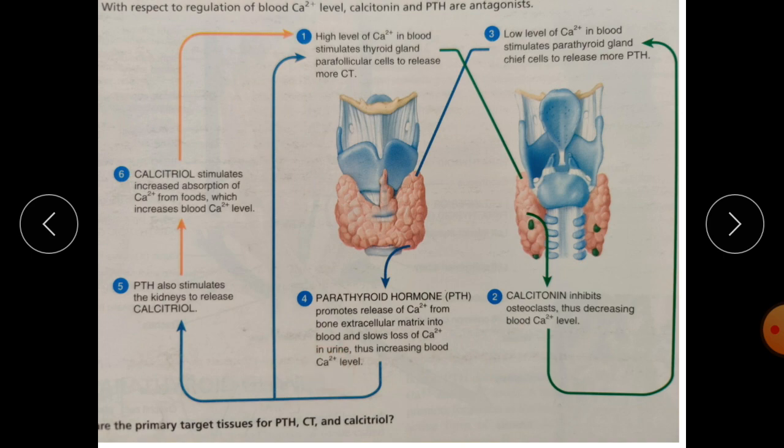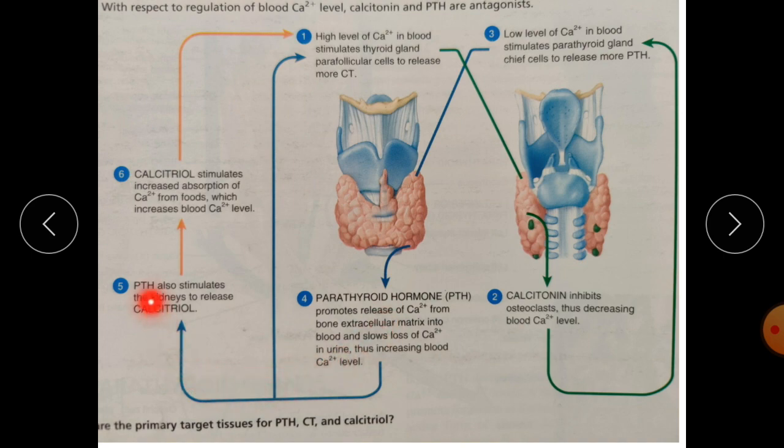By two ways it has worked. One, from the bone it has released the calcium from the extracellular matrix into the blood. Second, it has given the order to the kidney to increase the reabsorption of calcium, due to which calcium again comes into the systemic blood circulation through the peritubular arteries.